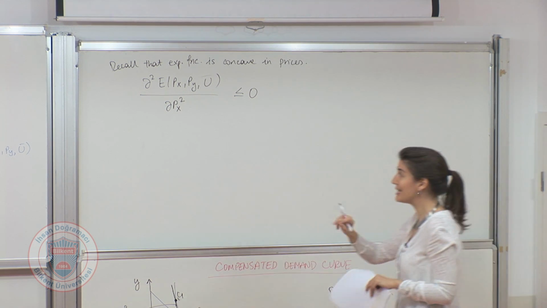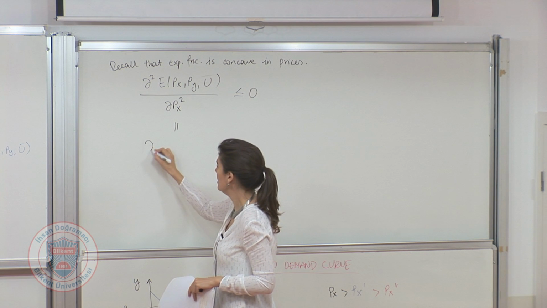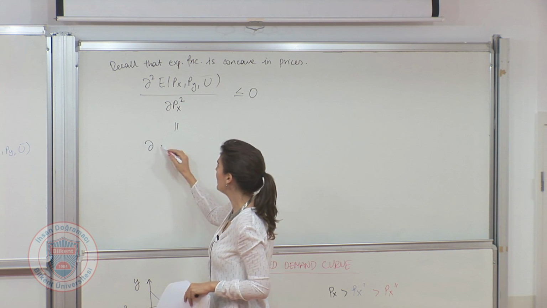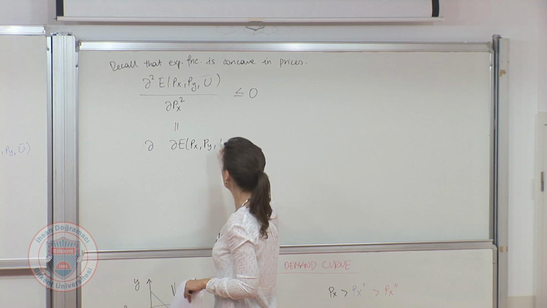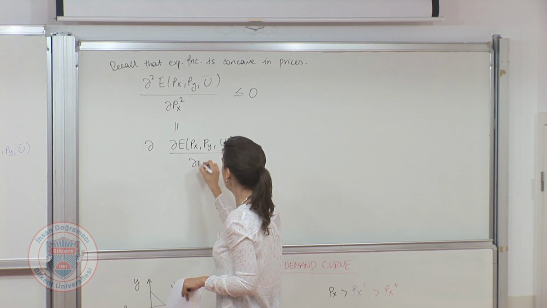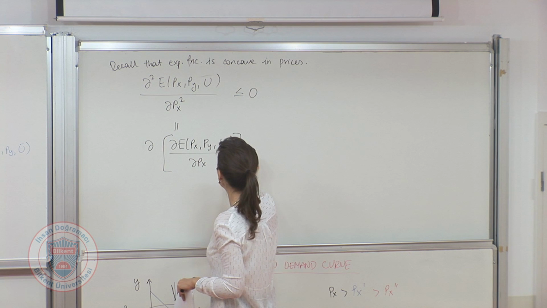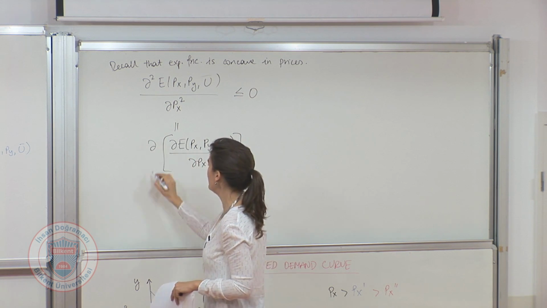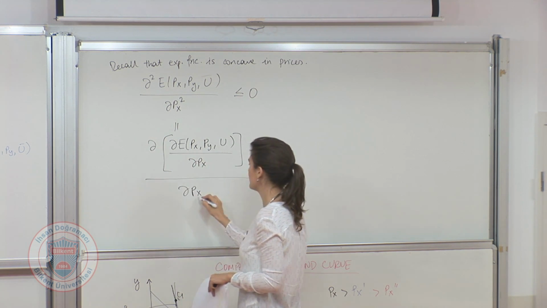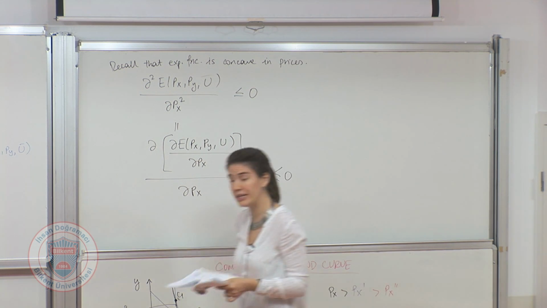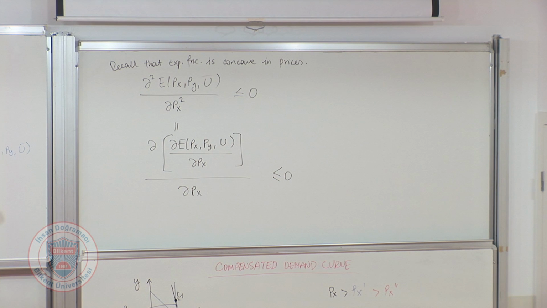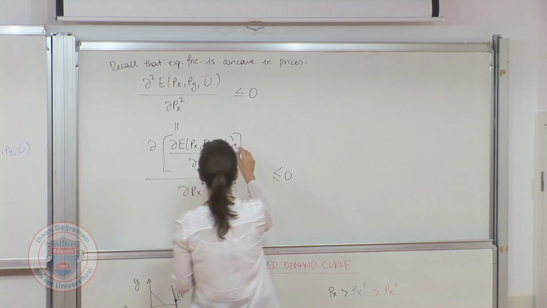Now let me write this derivative like this. Del, and then let me have del expenditure function, u, del px, and then I'm going to take this guy's derivative again with respect to px, okay? And I know that this is negative. What is this? Now we learned from Shepard's lemma, what is this guy?